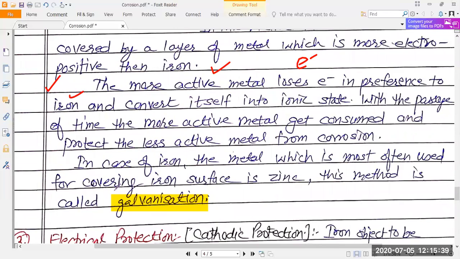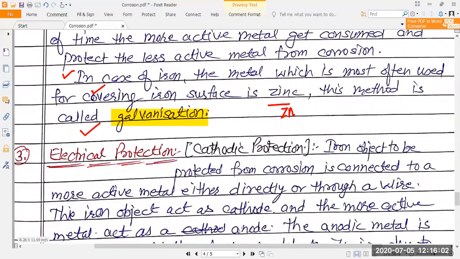In the case of iron, the metal most often used for covering iron articles is zinc. A thin layer of zinc is applied on the surface of the iron article, and this method is called galvanization. Very important process.